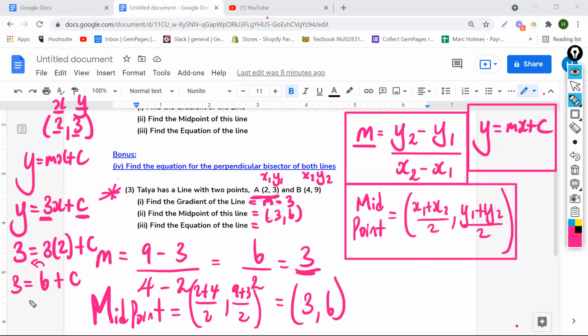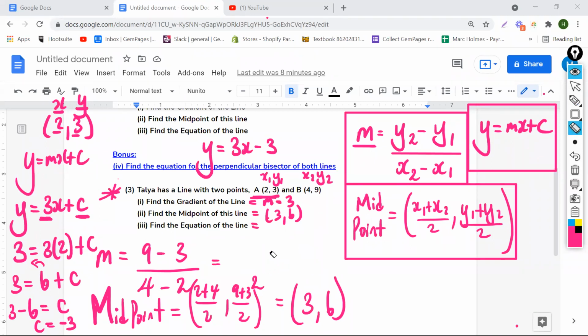Carry this 6 over to the left side, we get 3 minus 6 is equal to c. So c is equal to minus 3. Cool. So the equation of the line, guys, is y is equal to 3x minus 3. So that's the answer down here: y is equal to 3x minus 3.